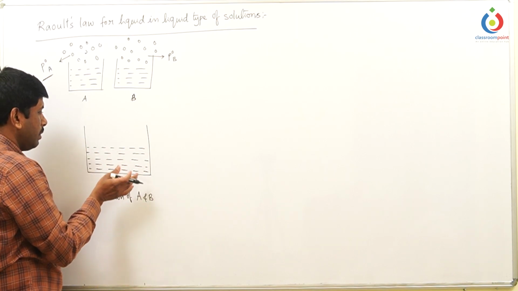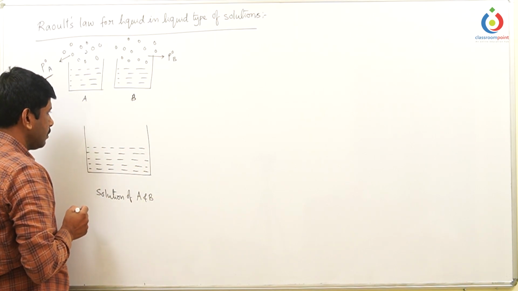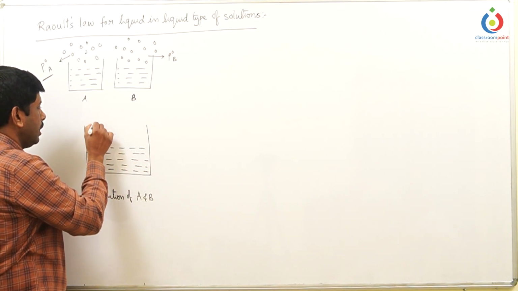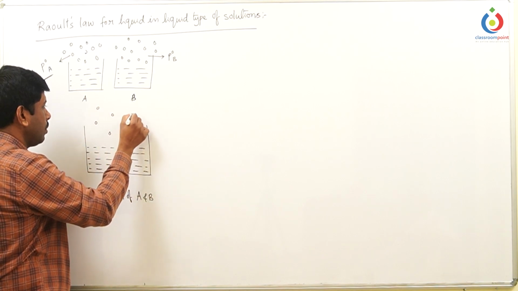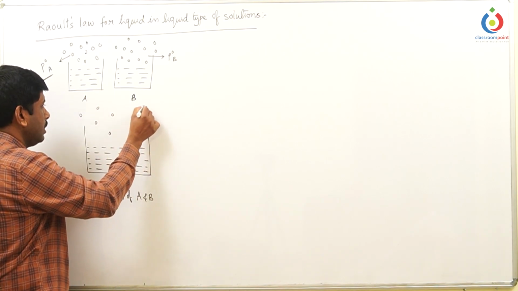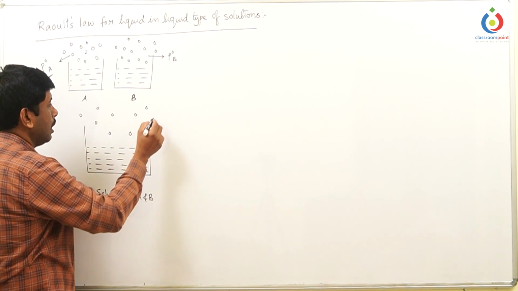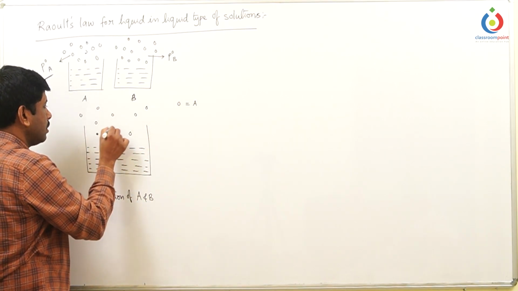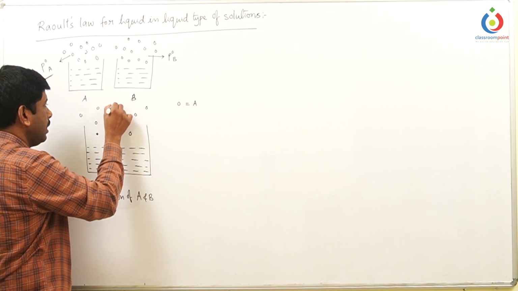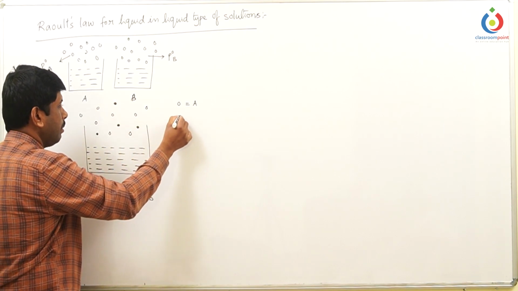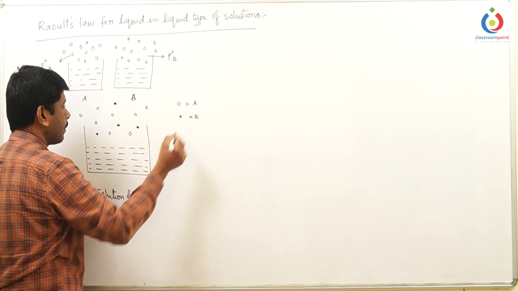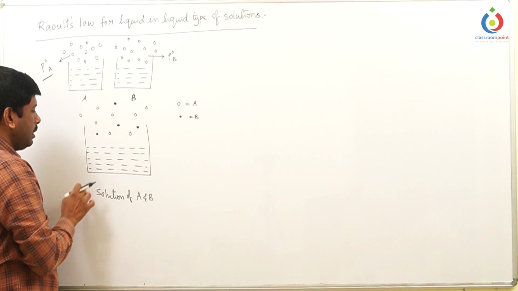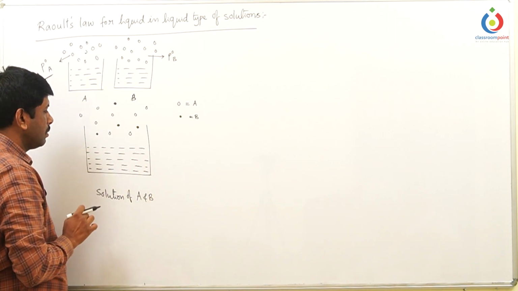Imagine both liquids start evaporating so that they form vapor. Whatever circles I am going to draw, imagine these are the vapor molecules coming from liquid A, and the dots are coming from the B molecules. Now vaporization is a surface phenomenon.